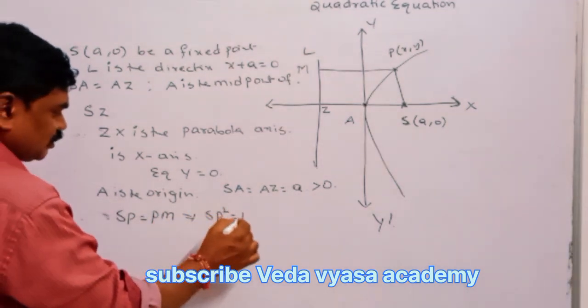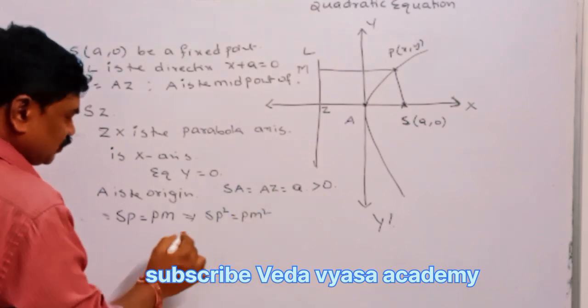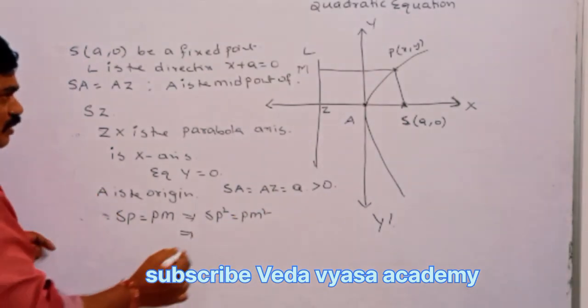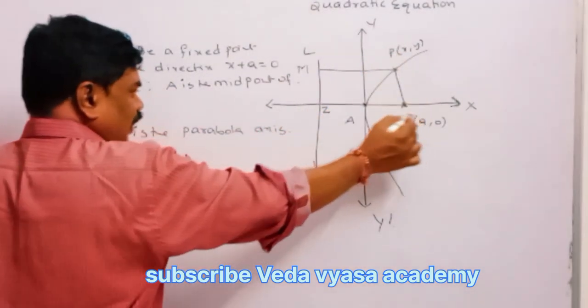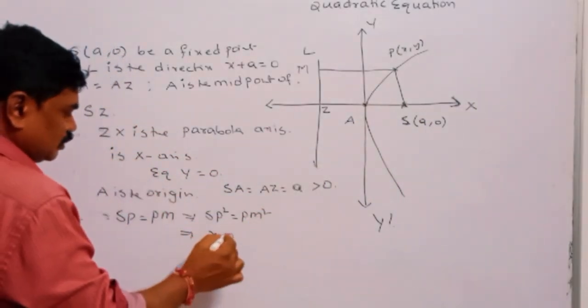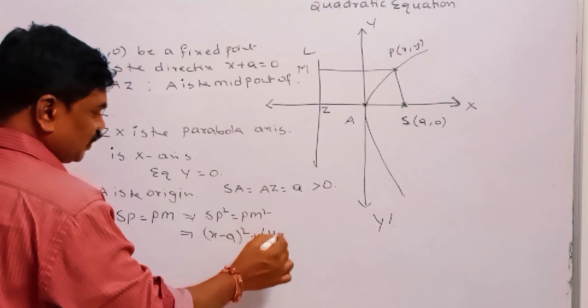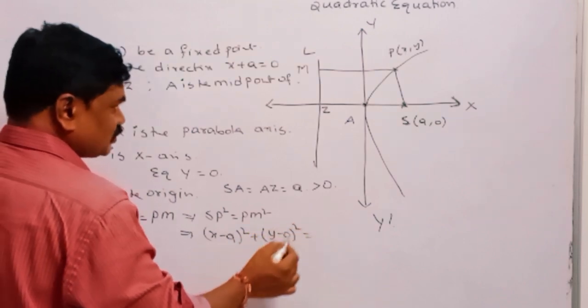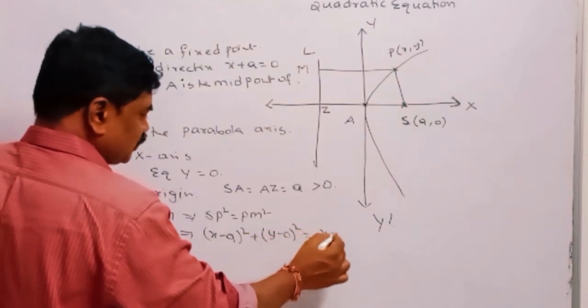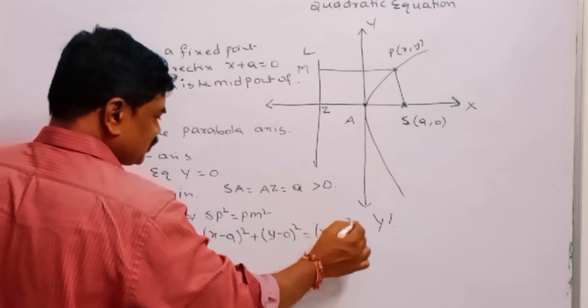SP square is equal to PM square implies (x minus a) whole square plus (y minus 0) whole square is equal to modulus of (x plus a) whole square.